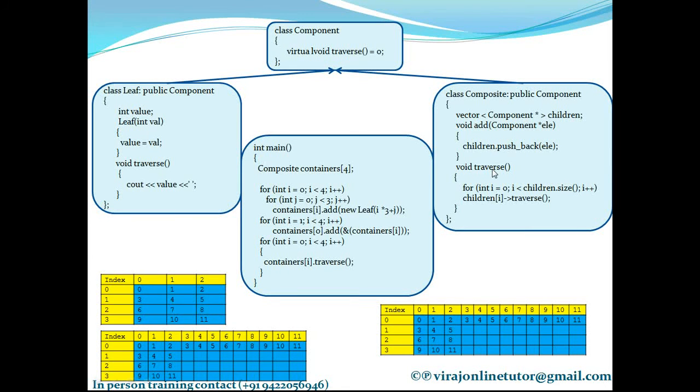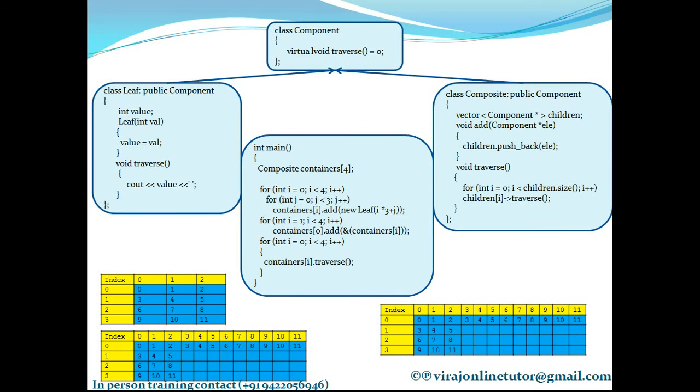Now if someone invokes traverse of this composite object, what will it do? It will read all the 10 elements of this children vector and it will invoke the traverse function of each of the objects. I repeat, it will invoke the traverse function of each of the objects. So suppose all these 10 objects were leaf objects.